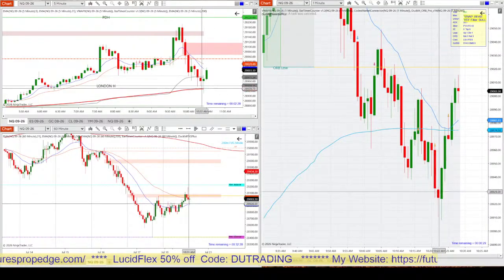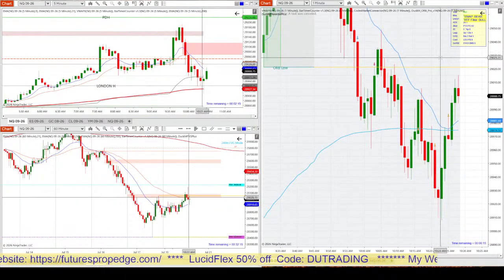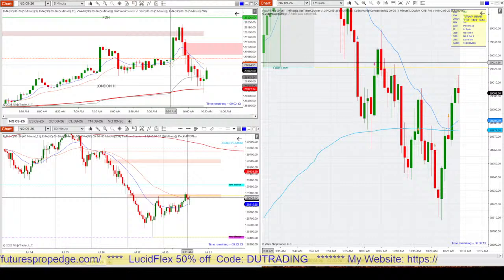Yeah. It was like a way to enter early. Now the price 0.83, the resistance right here.